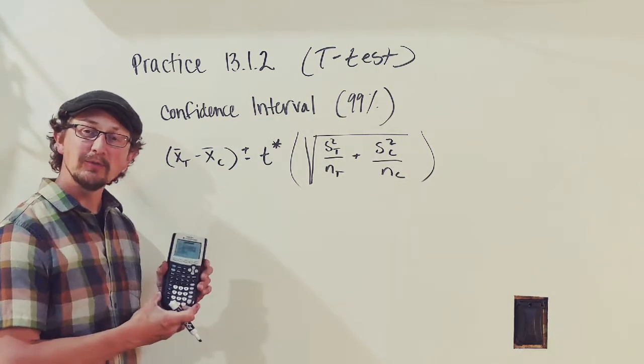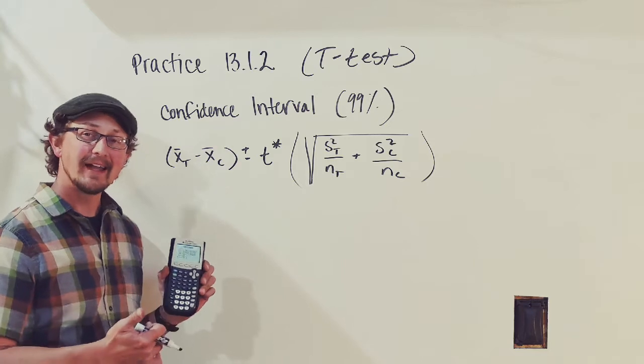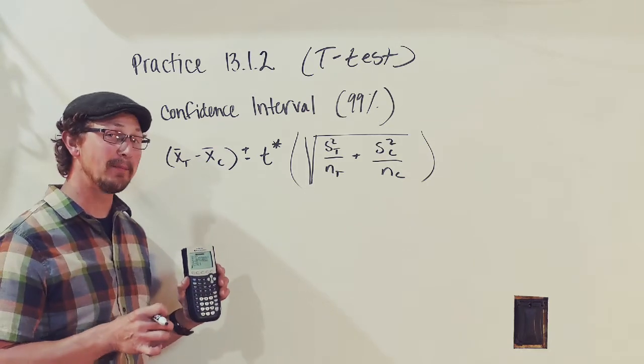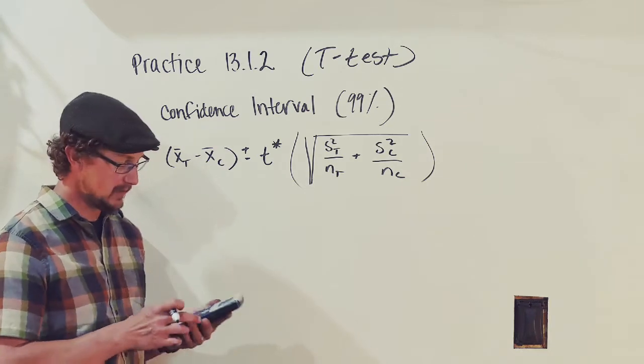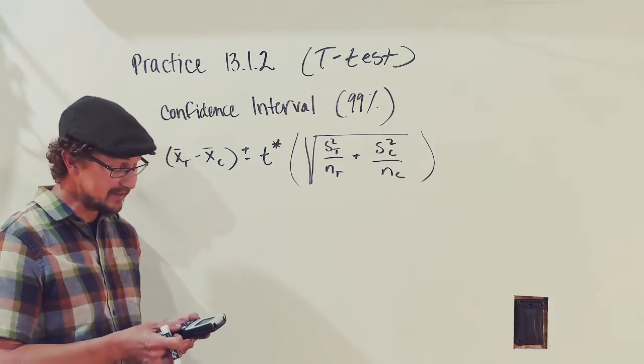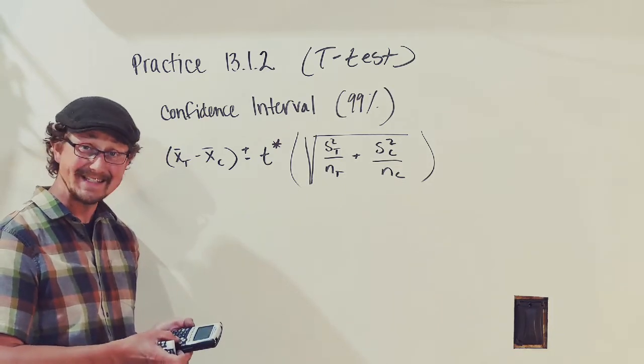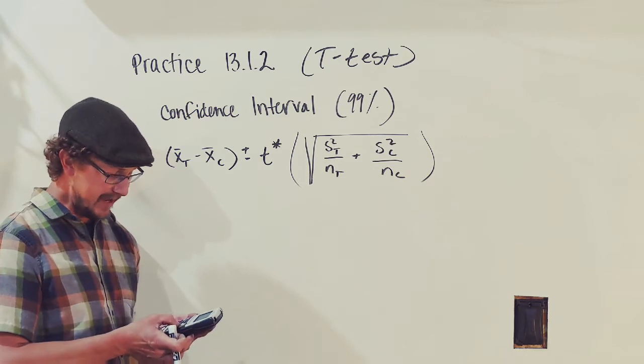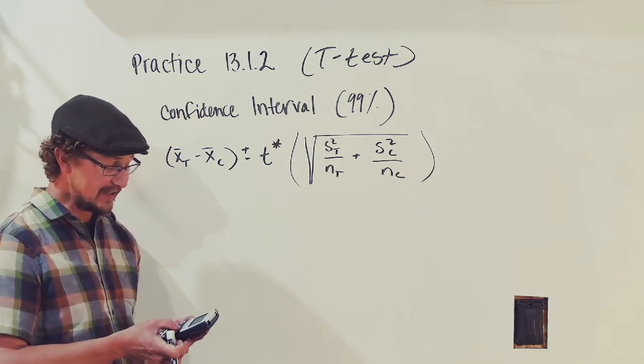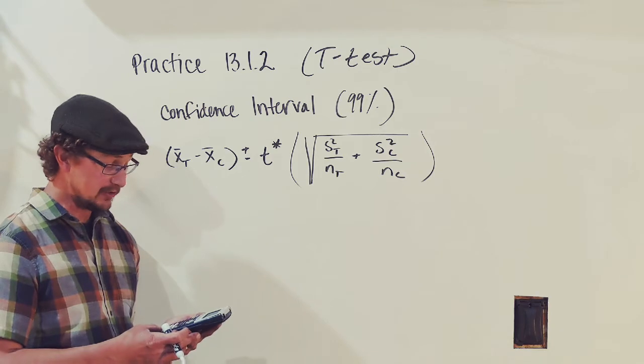In order to help me, I'm going to use my graphing calculator, and I'm going to run a 2-sample T interval. So that is under my stats function. I'm going to go over to the tests menu, and I'm going to scroll down, down, down, down until I find a 2-sample T interval.